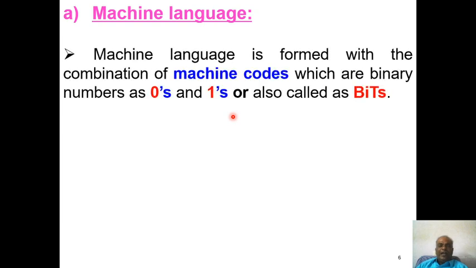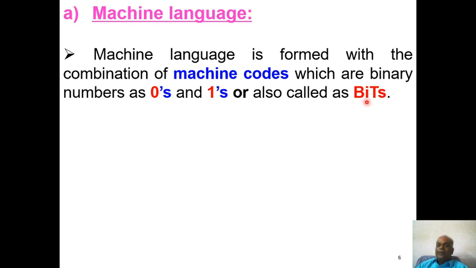This machine language is formed with the combination of machine codes. These codes are binary numbers, either 0 or 1. These machine codes are called bits, that is BITS.